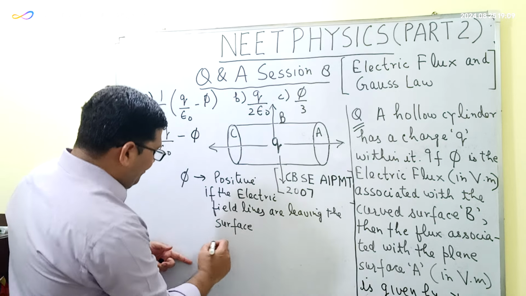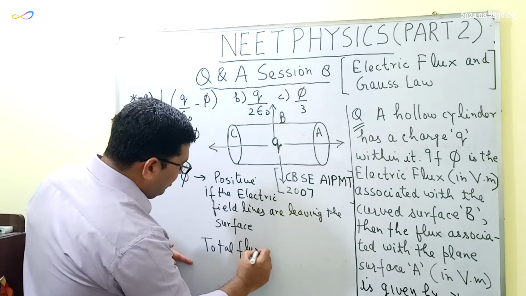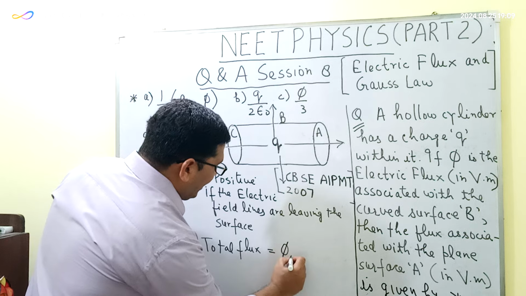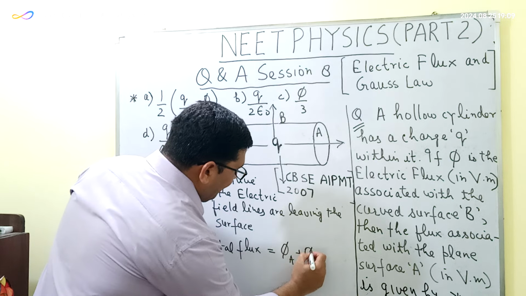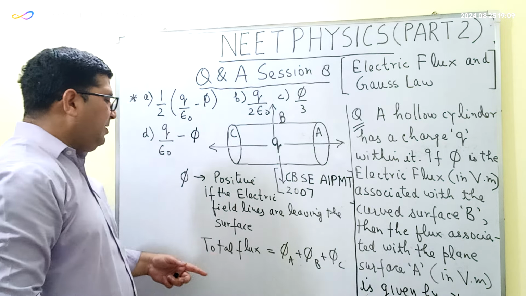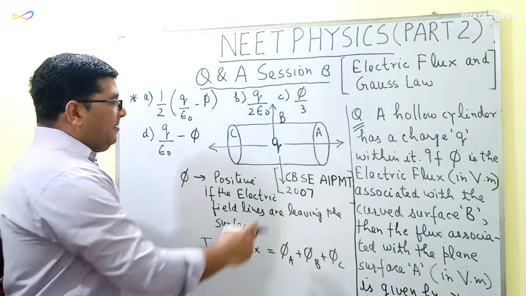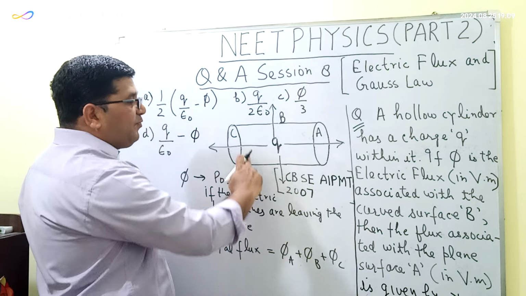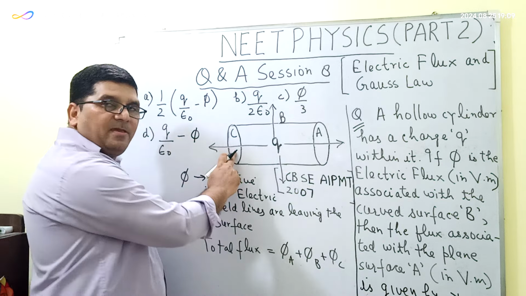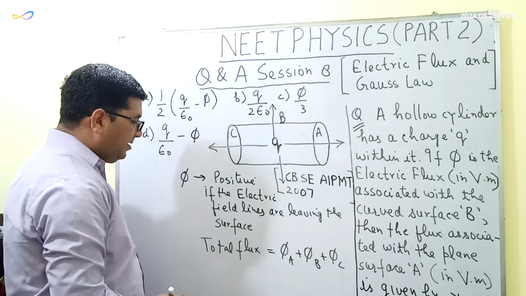Now the total flux associated with this hollow cylinder will be equal to phi A plus phi B plus phi C, where phi A is the electric flux associated with this plane surface A, phi B is the flux associated with this curved surface B, and phi C is the electric flux associated with this plane surface C.